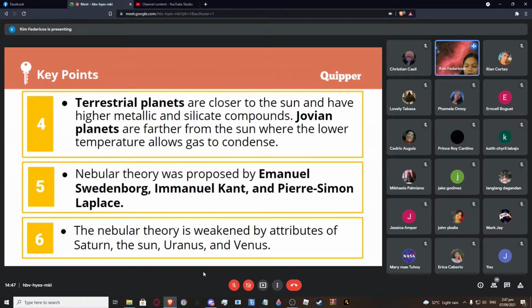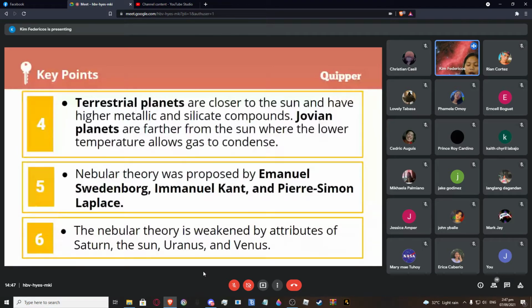On the other hand, the outer planets, or termed as Jovian planets, are composed of Jupiter, Saturn, Uranus, and Neptune. They are huge planets, made up of gases, but they have no land masses or land surfaces.